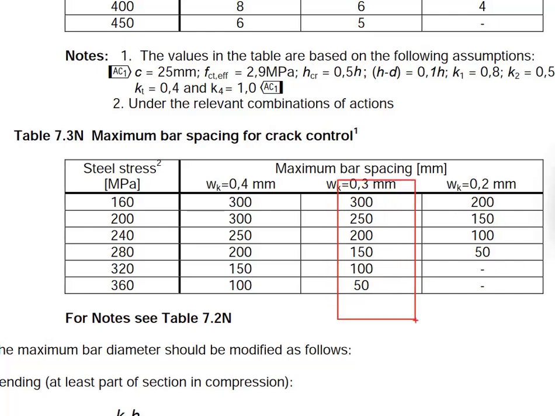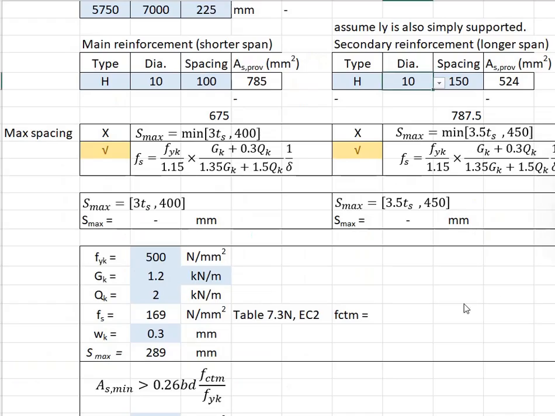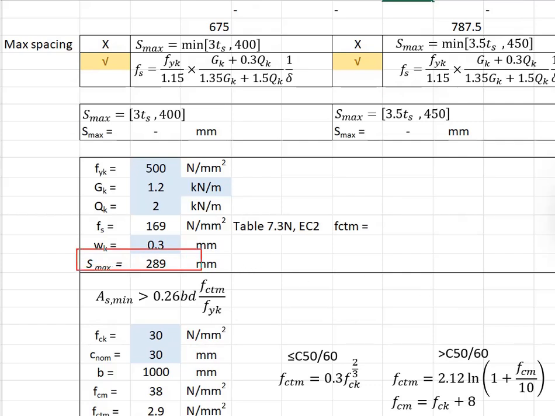Choose a critical maximum spacing. 169 is between 160 and 200. That means your maximum spacing is either 300 or 250. Which one will be more critical? The closer the maximum spacing, the more critical. Therefore, you can choose 250 instead of 300. In this case, we use the interpolation method with the maximum spacing of 289 mm.